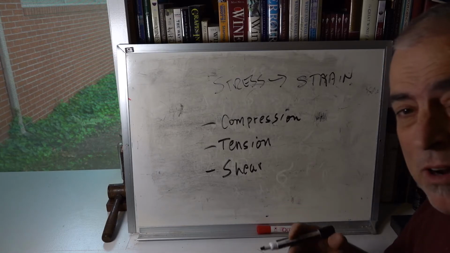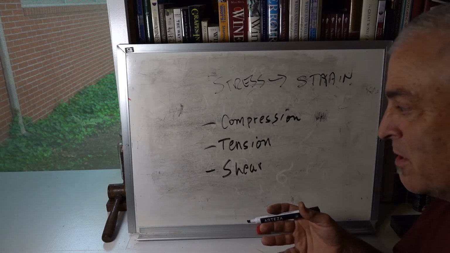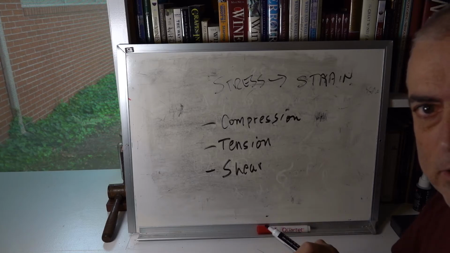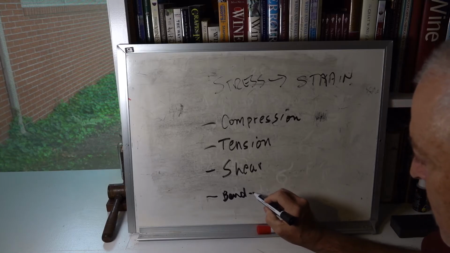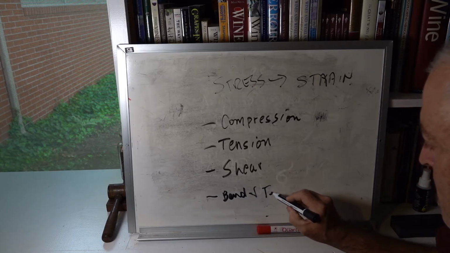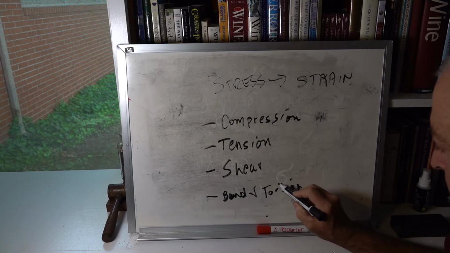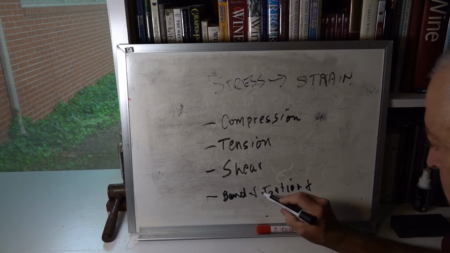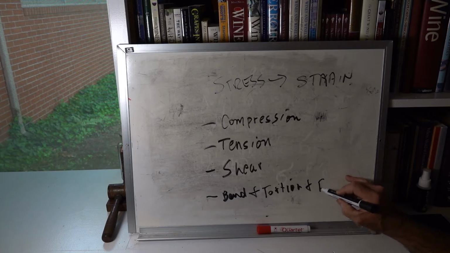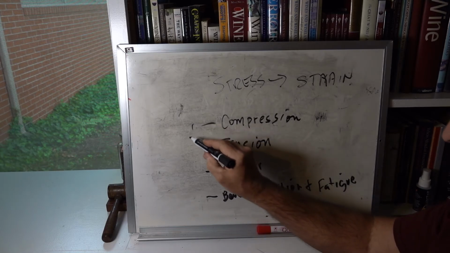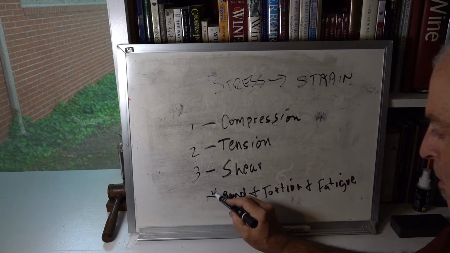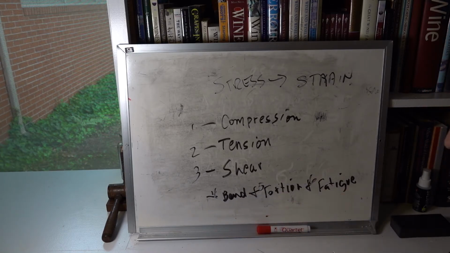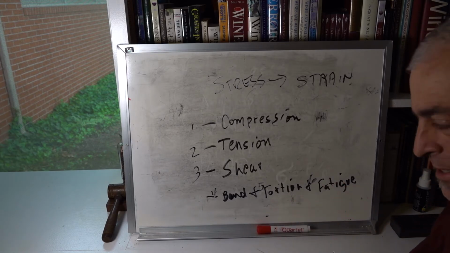The other ones are less important to you at this stage, but bending, torsion, and fatigue are the last 3. I'll write them down here just for the sake of being inclusive. Torsion, or twisting, if you will, and fatigue. So those are the 6 varieties. Numbers 1, 2, and 3 are pretty important in geology. Numbers 4, 5, and 6 are also important in geology, but not to this class.